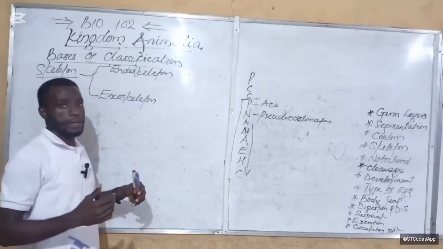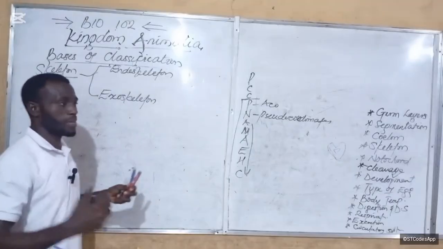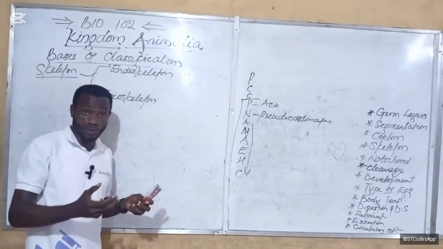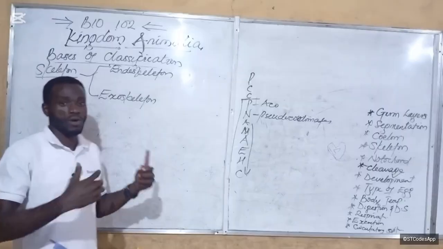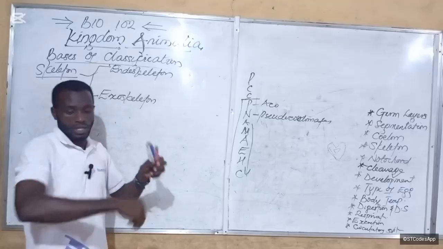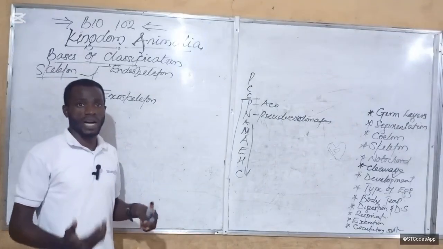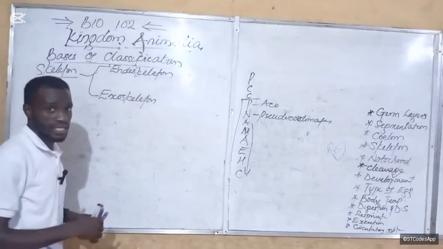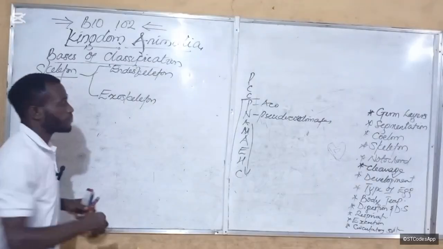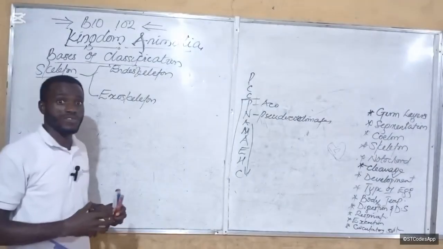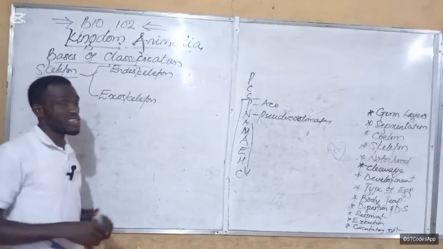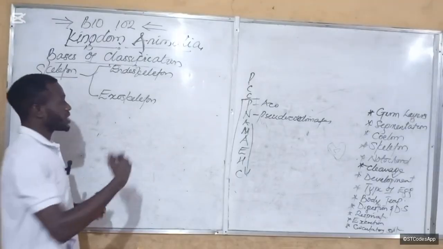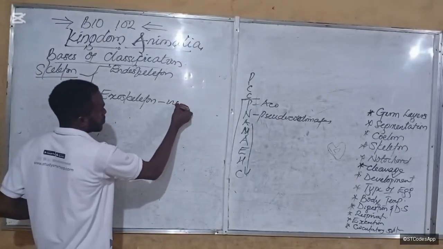Endoskeleton is when the organism has its skeleton, its bones or rigid structure, inside the body, such as we have in humans, in most mammals, okay? Endoskeleton: the body framework is internal, while exoskeleton is when the body framework is external, such as we have in insects primarily. Insects have exoskeleton.